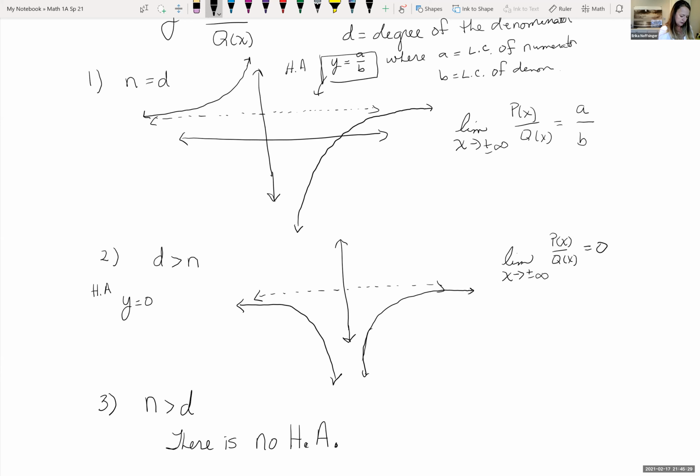And that would have to do with whether it's shooting off to positive or negative infinity, by looking at x raised to the degree of the numerator minus the degree of the denominator. So we would look at this: is this even or odd?